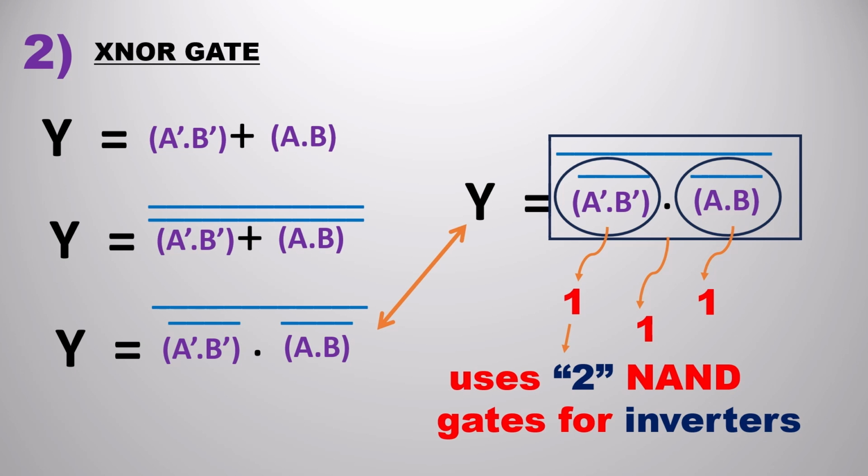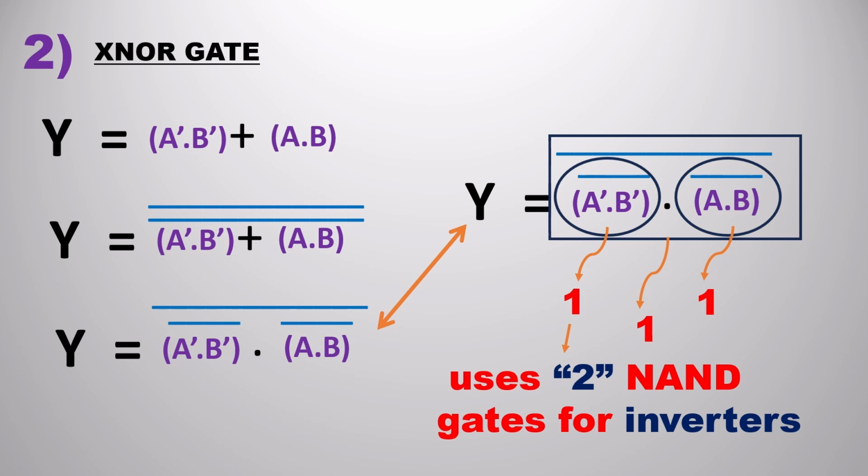That has to be implemented with the help of NAND gates. If you observe clearly, you can see 3 NAND gates. The first NAND gate has 2 inputs, that is a bar b bar. Assume x dot y whole bar, that is one NAND gate. I have highlighted it in red, that is 1. The second NAND gate is a dot b whole bar. And the third one is highlighted with the box.